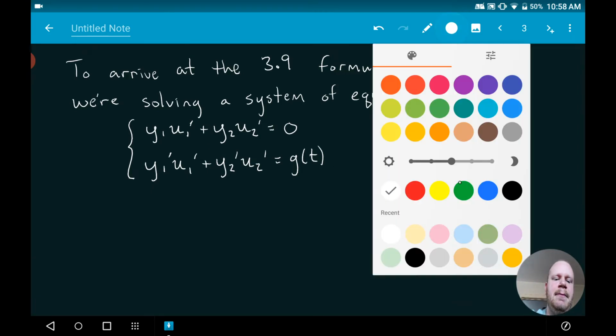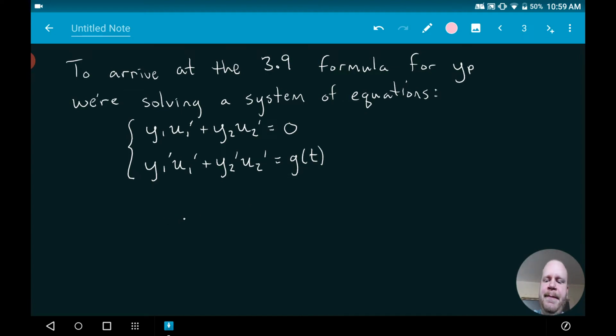But the idea is that our complementary solution looks like this, C1y1 plus C2y2.